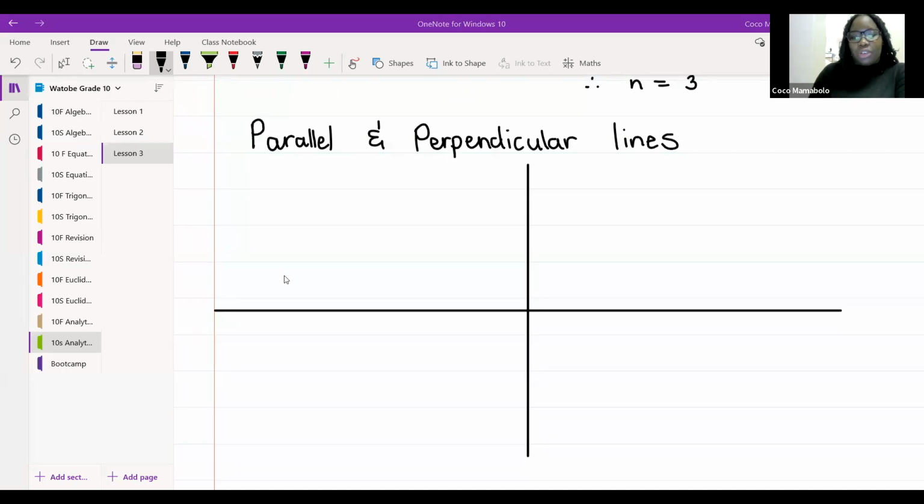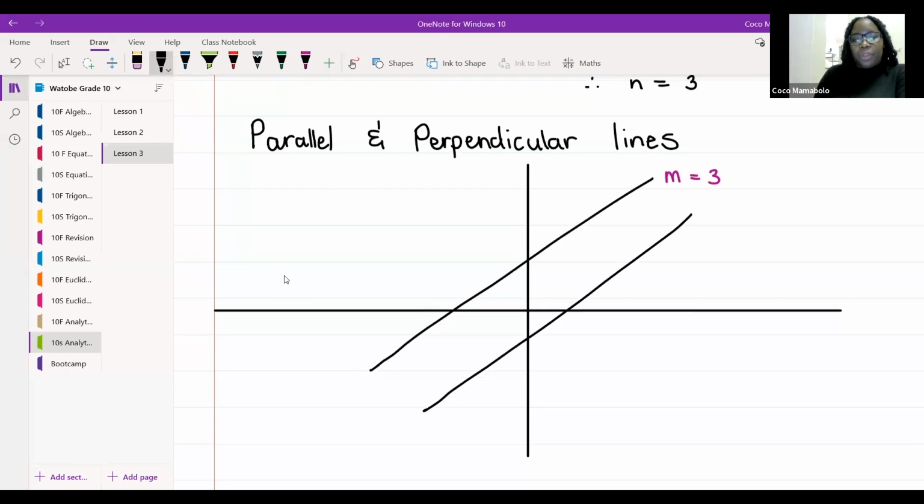And we're going to say that this line has a gradient of m is equal to 3, right? And then I'm going to draw another line right below this one, like over here. And I'm going to tell you that this line also has a gradient of m is equal to 3. Now, I'm going to ask you guys quickly.